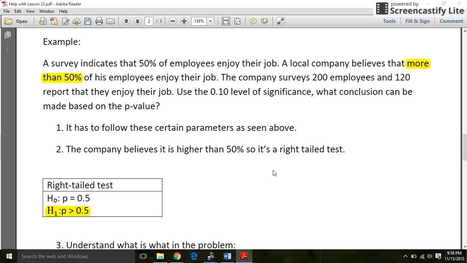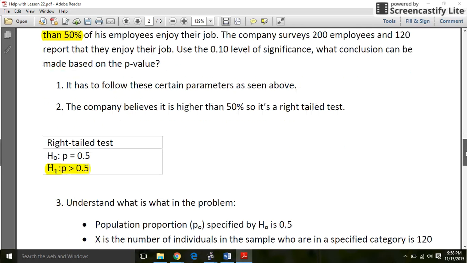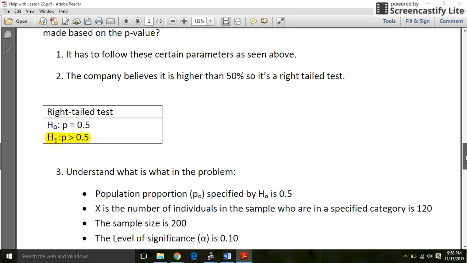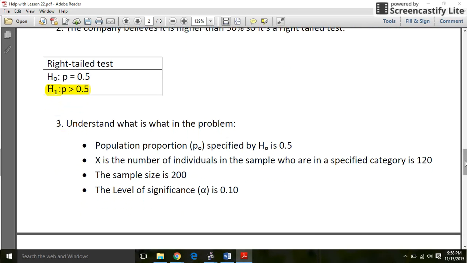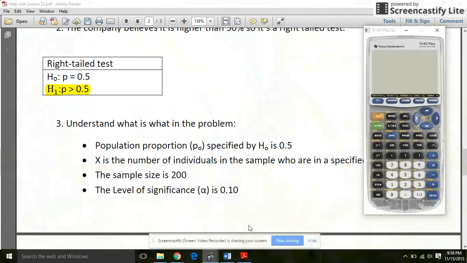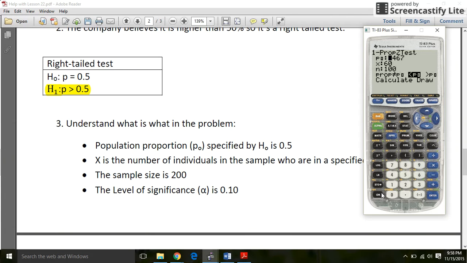All I did was convert my percentage into a decimal. That's the only thing I did, and it's okay. You can do that, and especially for p-values, when we're doing this, we need to do that. So I need to understand what is in my problem. So my population proportion is 0.50, and I'm going to put this in the calculator as we go. 0.50, because that was what was in my hypotheses right up here.